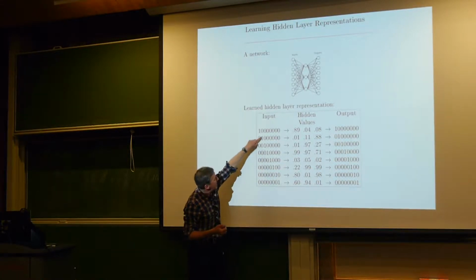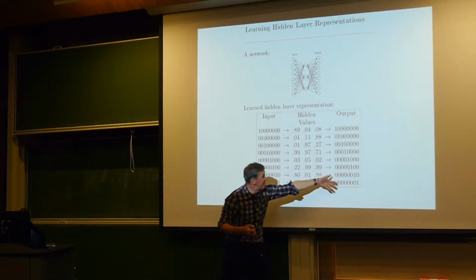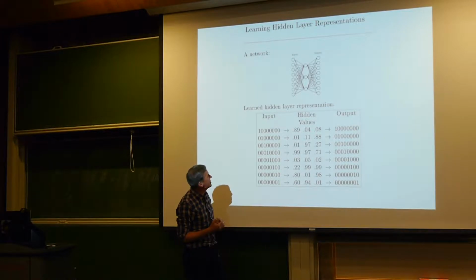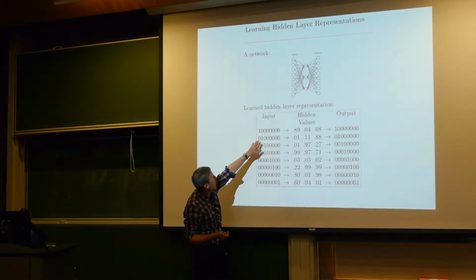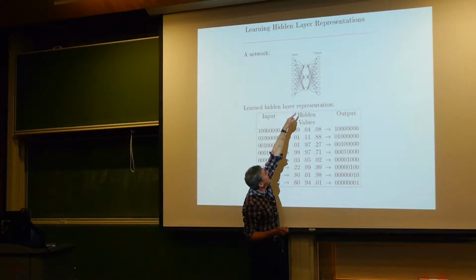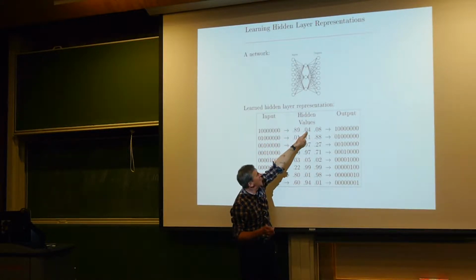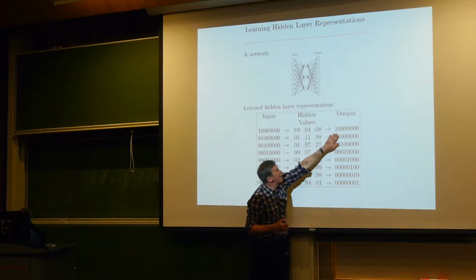But if you look at the training examples that I gave it, there are 8 possible inputs and the same 8 possible outputs. When you train this network, it learns a collection of weights so that after it's trained, if you input this vector, the values at those 3 hidden units are 0.89, 0.04, and 0.08, from which it reconstructs this output.